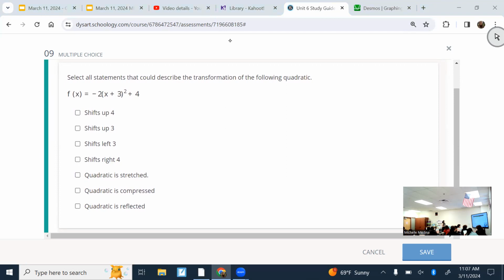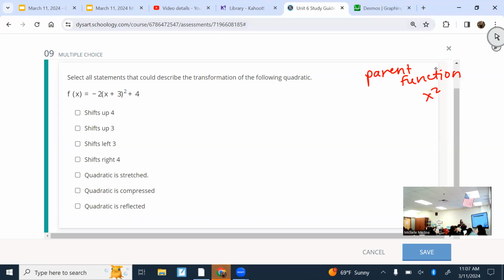It means compared to our parent function, how has this been transformed? What is our parent function? X squared. So if you didn't know that, maybe commit that to memory, put it on a note card. That's our most basic quadratic that we can have.